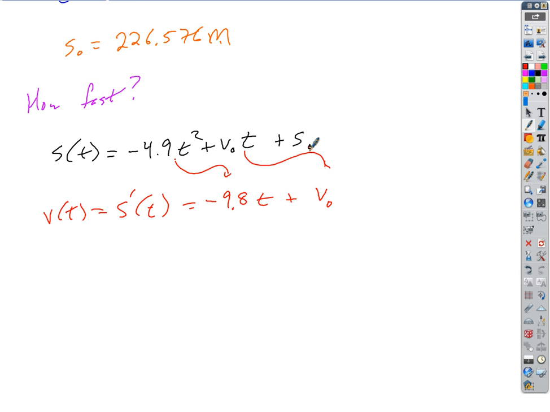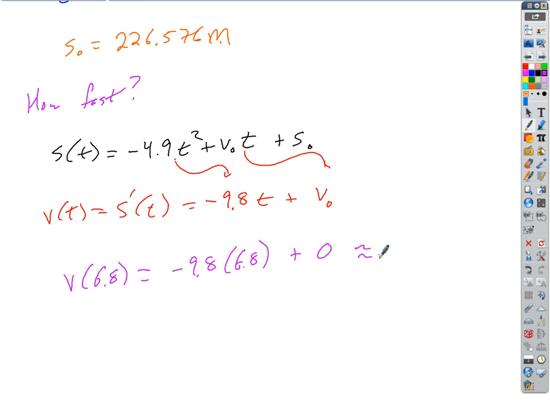So all we have to do then, we know the time was 6.8. If we want to know how fast it's going, it's just V of 6.8, or S prime of 6.8, which is negative 9.8 times 6.8 plus, that's just 0. So what are we going to get?